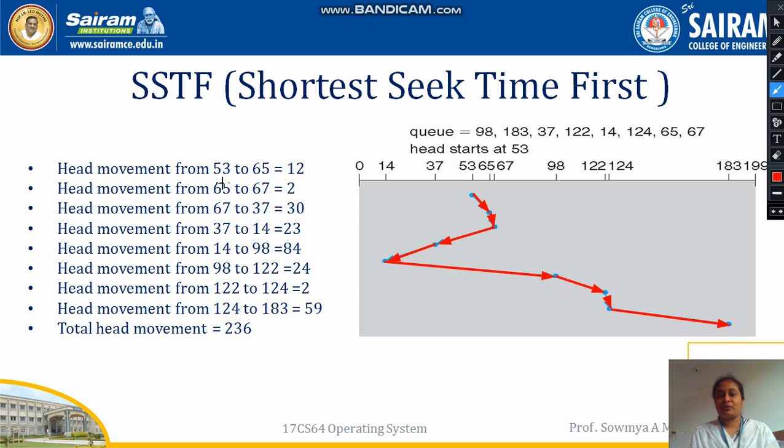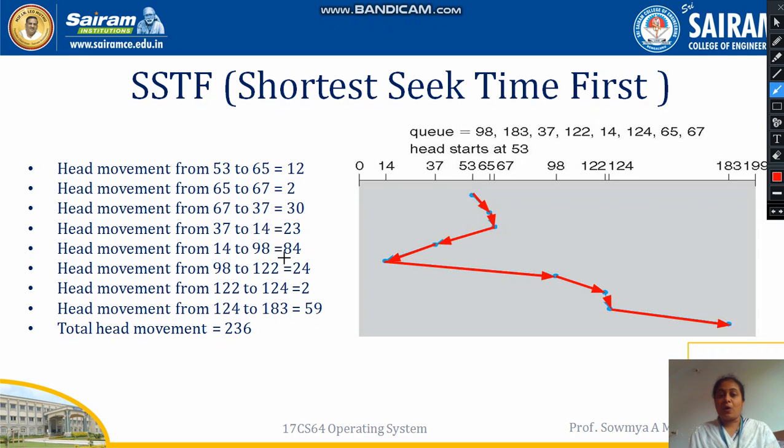If head movement from 53 to 65 is done, then total head moves is 12, so 65 minus 53. Next, from 65 to 67, it is 67 minus 65, that is 2. If it is 67 to 37, then 67 minus 37, total movements are 30.